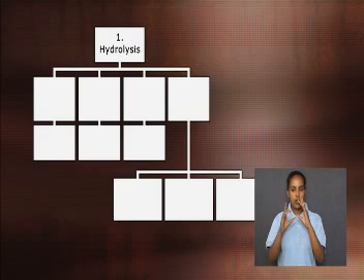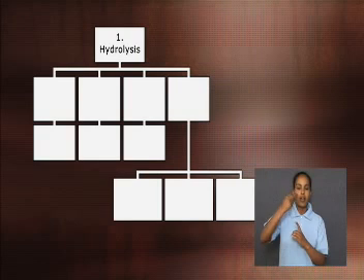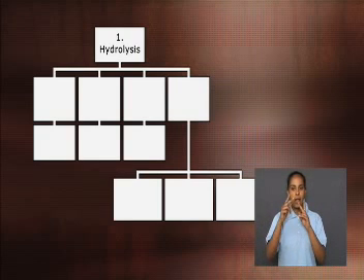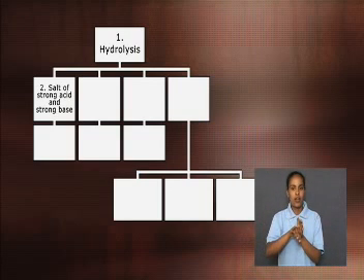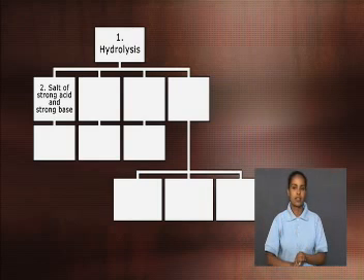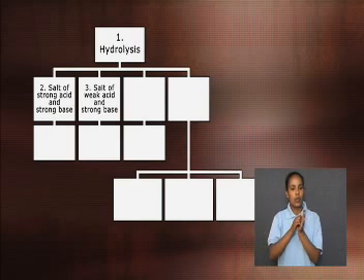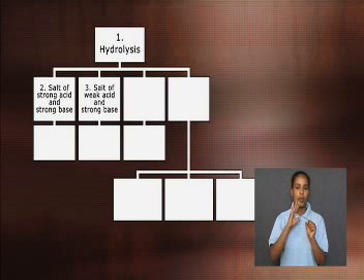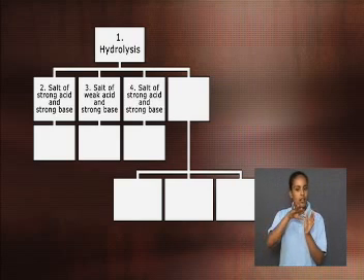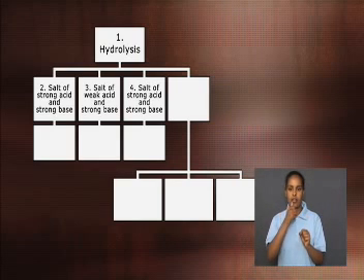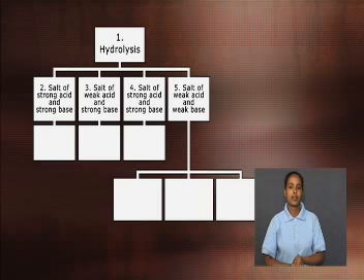In the 4 branches that come off of the word hydrolysis, we place the types of hydrolysis that can occur. This includes salt derived from a strong acid and a strong base, salt that has a weak acid and a strong base, salt derived from a strong acid and a weak base, and salt that has a weak acid and a weak base.